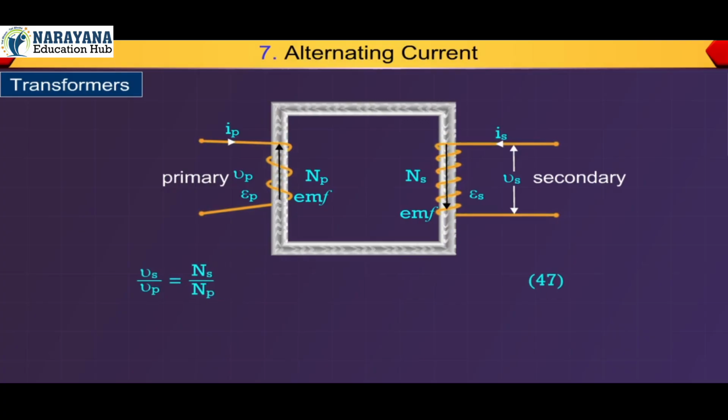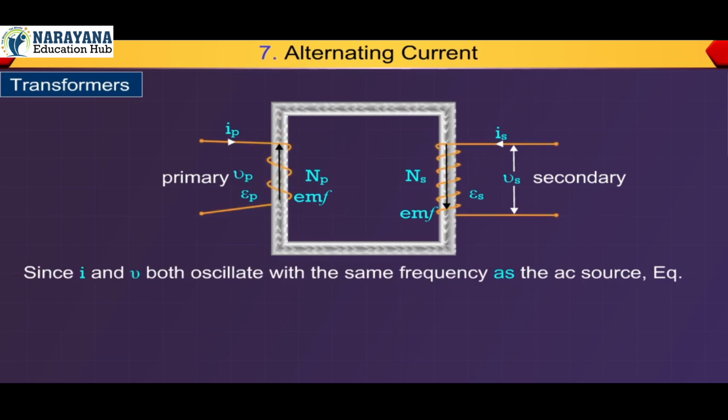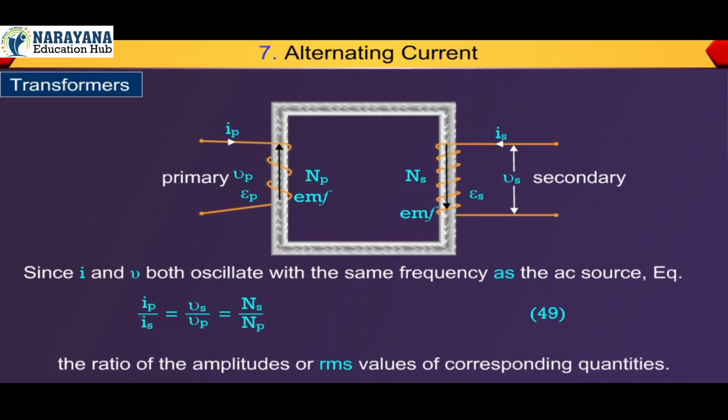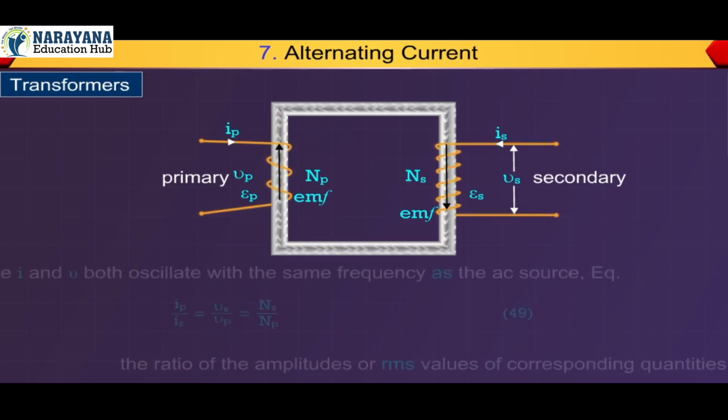Combining equations 47 and 48, we have Ip/Is = Vs/Vp = Ns/Np, equation 49. Since I and V both oscillate with the same frequency as the AC source, equation 49 also gives the ratio of the amplitudes or root mean square values of corresponding quantities.